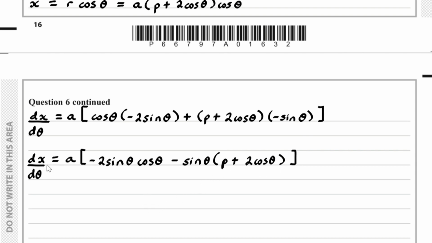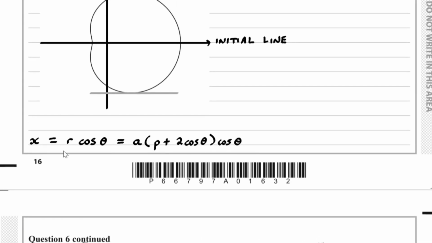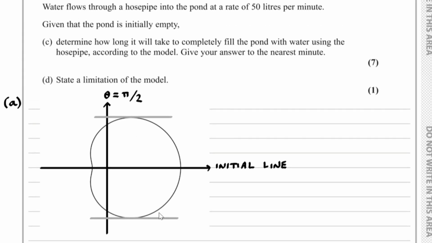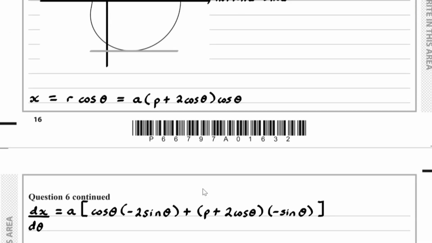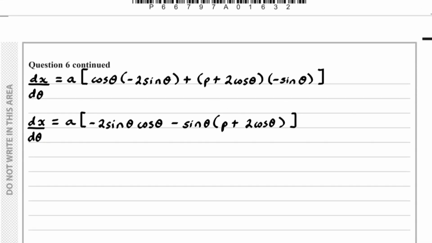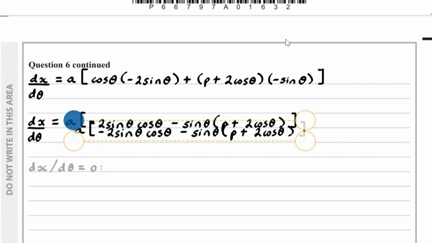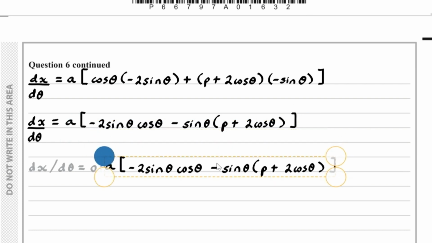Now what we need to do is set this equal to 0, and the reason we're setting it equal to 0 is because this line and this line are parallel to the initial line. And so if we have dx over d theta equaling 0, we've got this over here, which is all equal to 0.